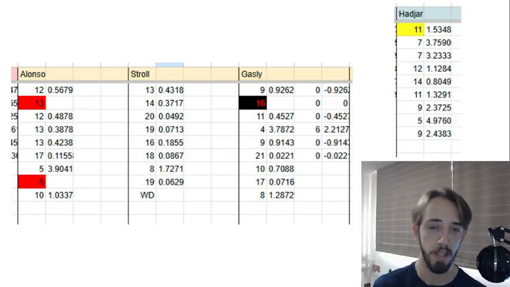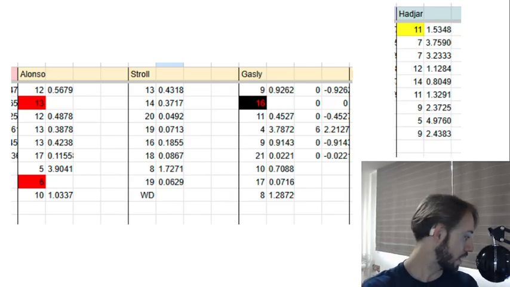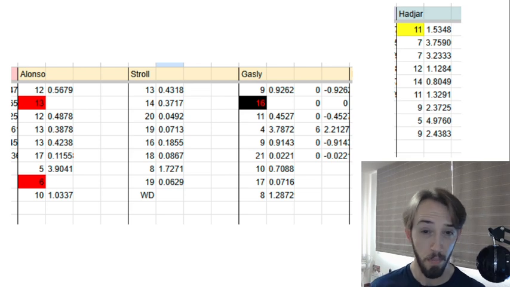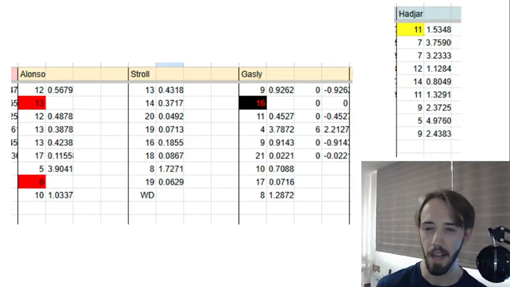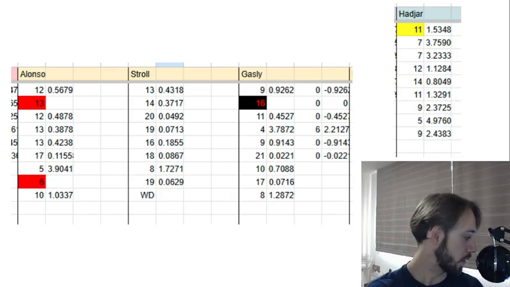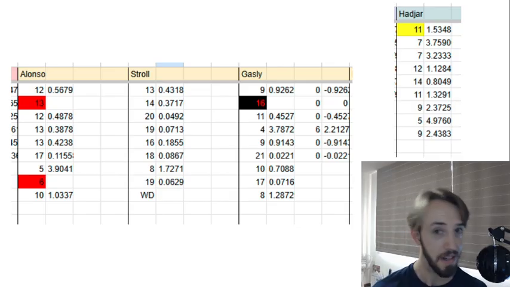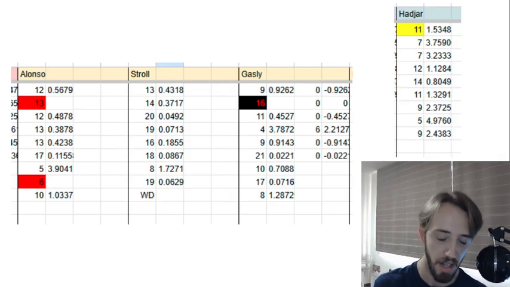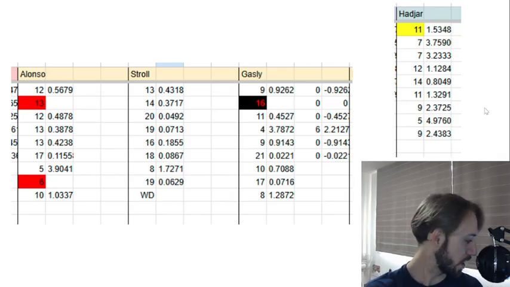So for those races, I just leave them as they are, which is sometimes unfortunate, especially if for whatever reason you have a driver who has a lot of really bad luck, like they get crashed into, or really bad strategy. But again, that's something that's very hard to control for. I'm just trying to focus on what is controllable, such as mechanical reliability.